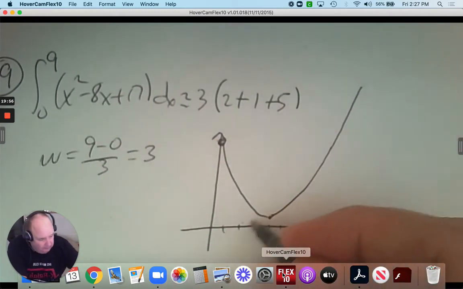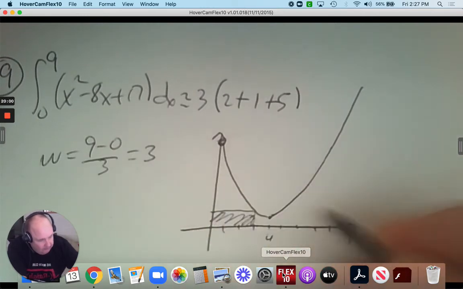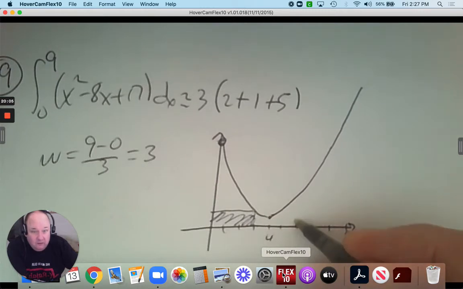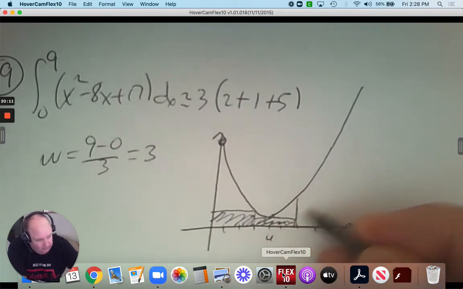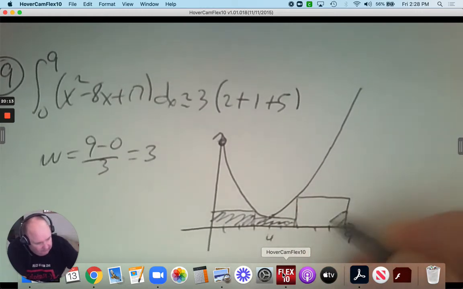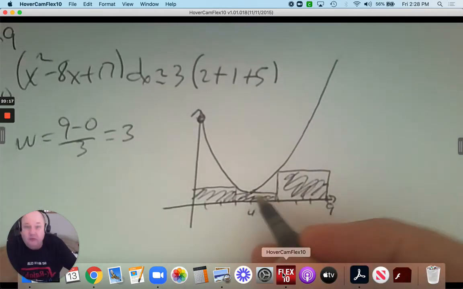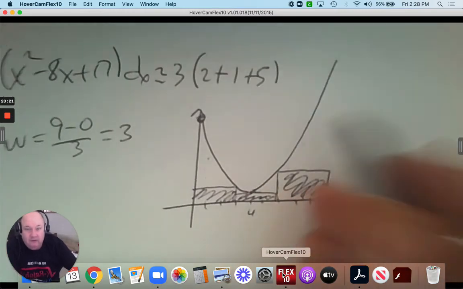And then the first one from 0 to 3 would look like this. From 3 to 6, it would look like this. And then from 6 to 9, it would look like this. And why is that such a poor approximation? Can you see how much is left that you didn't find? It's a large amount.